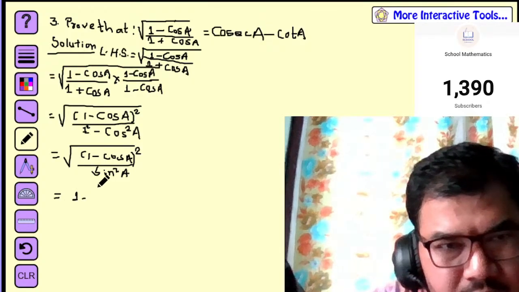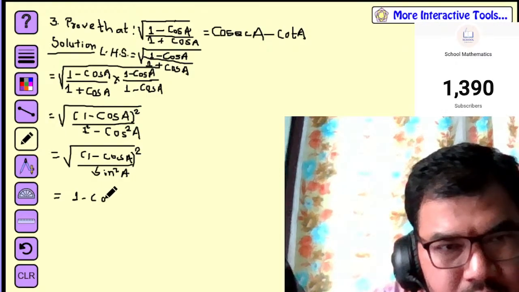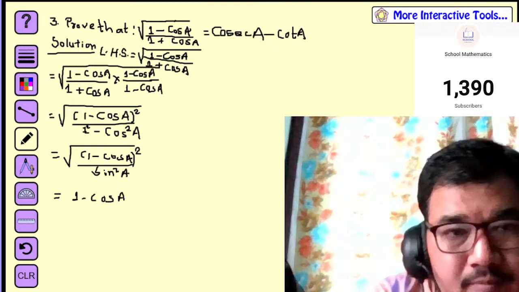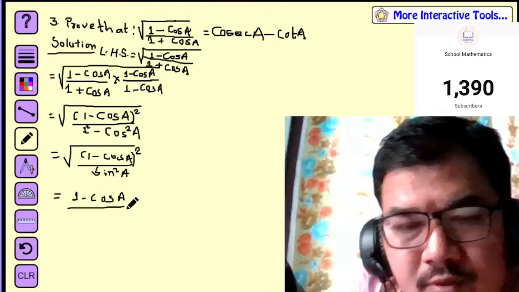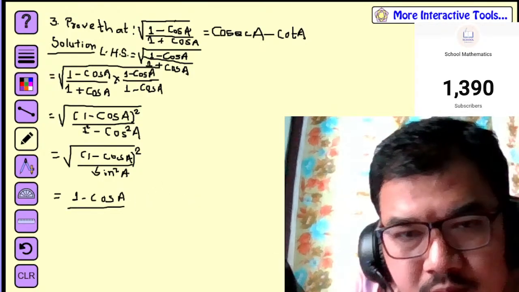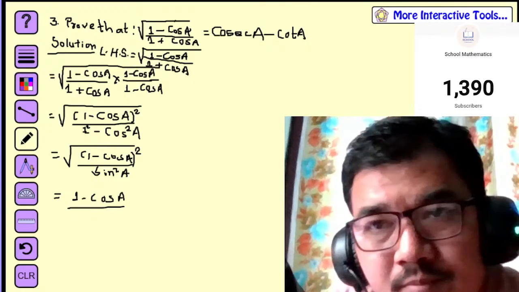Then only 1 minus cos A remains in the numerator. What will remain in the denominator?